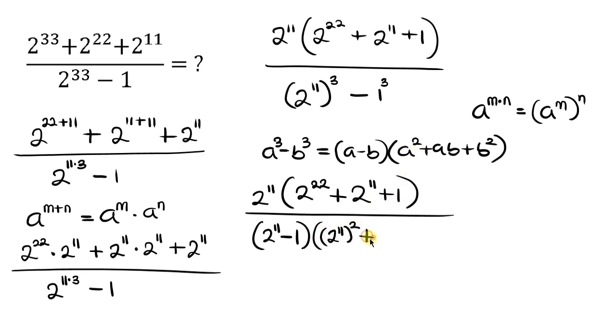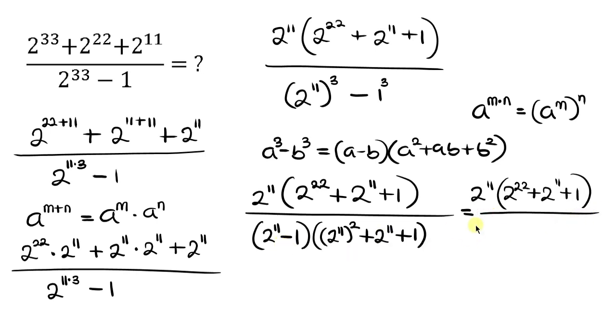Plus ab, that is 2^11 times 1, we have 2^11, plus b squared, which is 1 squared, is 1. So this can be simplified as 2^11 times (2^22 plus 2^11 plus 1) all over.